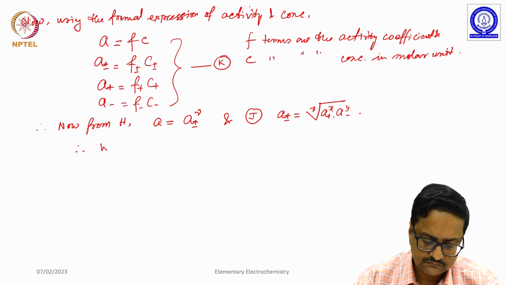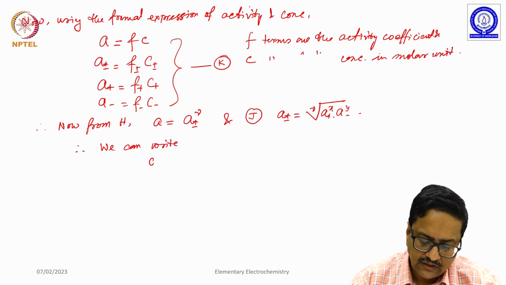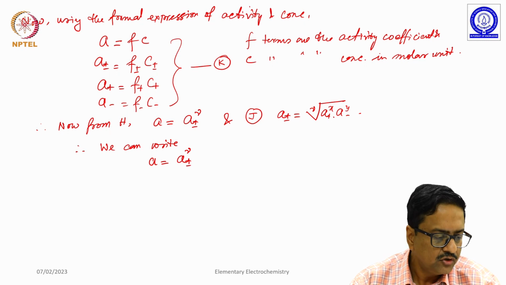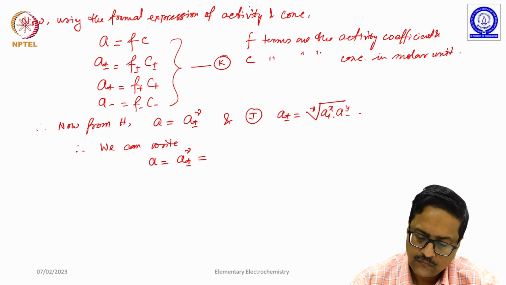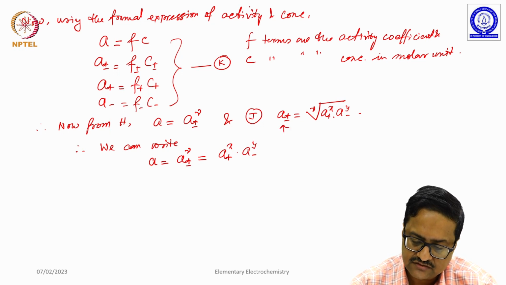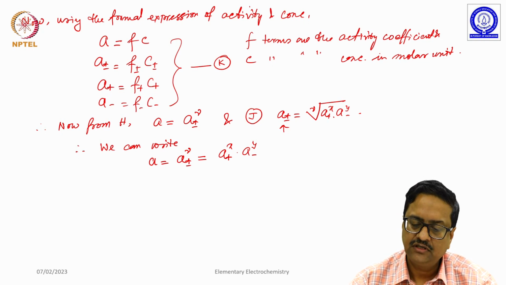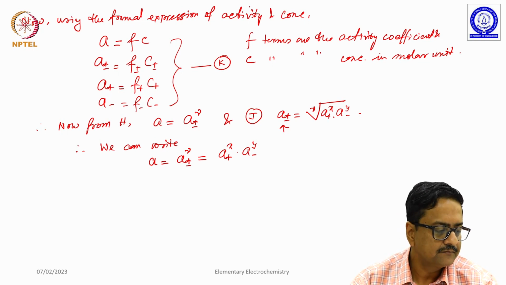So we can write A equal to A plus minus to the power nu, which is equal to A plus to the power x into A minus to the power y, because A plus minus is the nuth root of A plus to the power x into A minus to the power y.